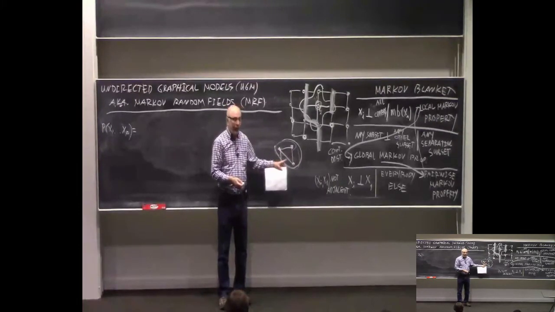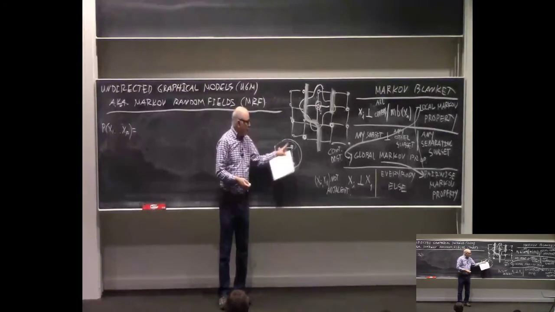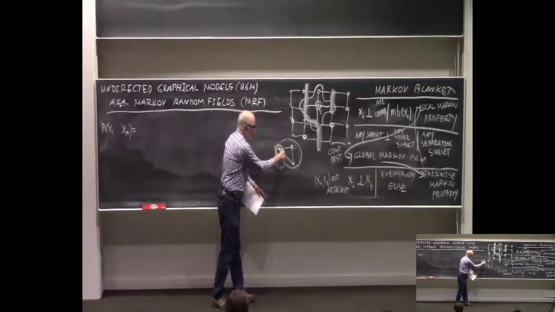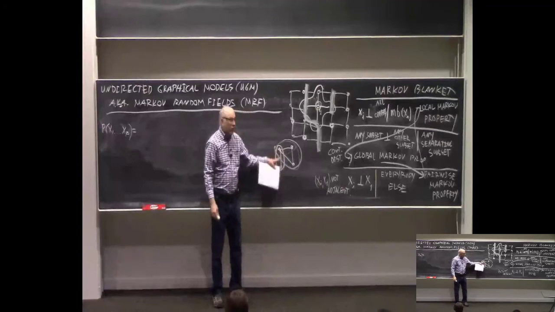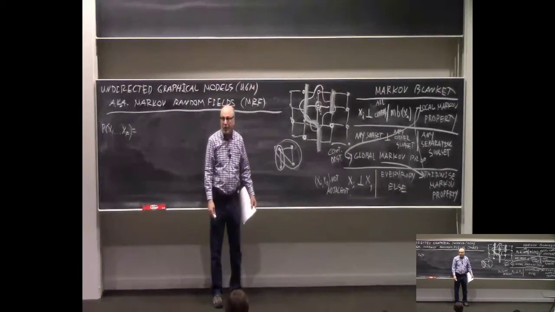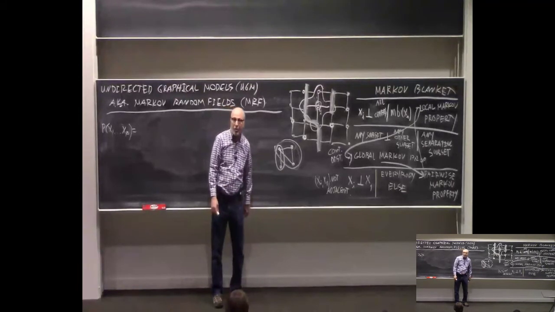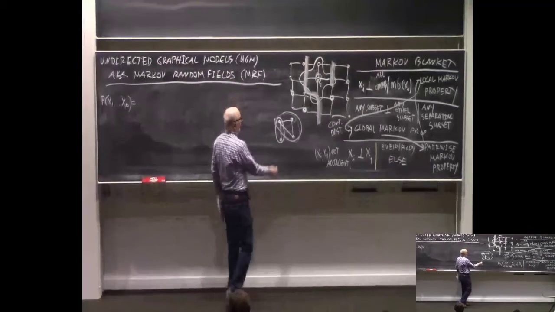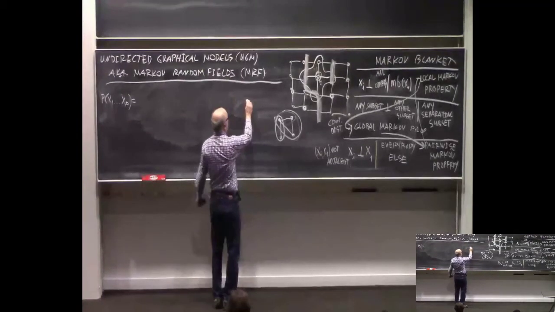So in this graph, this is a maximal clique, but so is this. These two are also a clique, and you cannot grow it. So there are actually two maximal cliques, and they overlap. Maximal cliques can overlap.